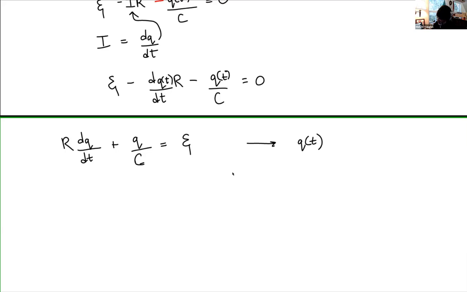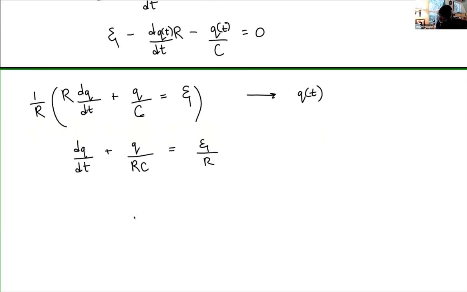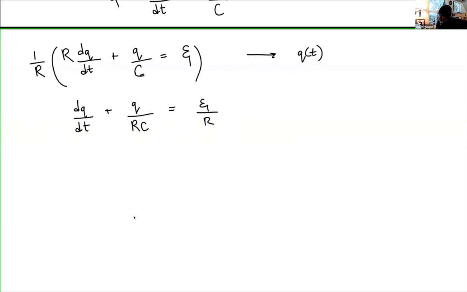To do that, I'm going to do a little bit more rearranging of this equation. I'm going to divide the equation by the resistance, just to put it in this form. And what we have here, if you were in a differential equations class, they would call a first order linear non-homogeneous differential equation.